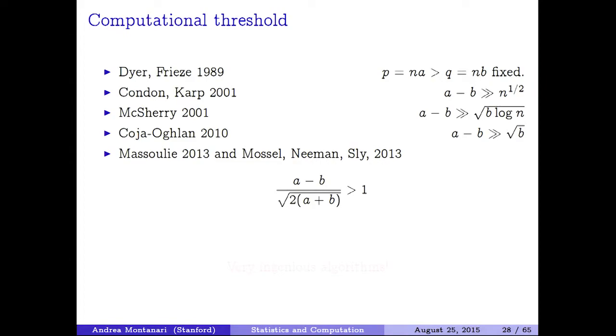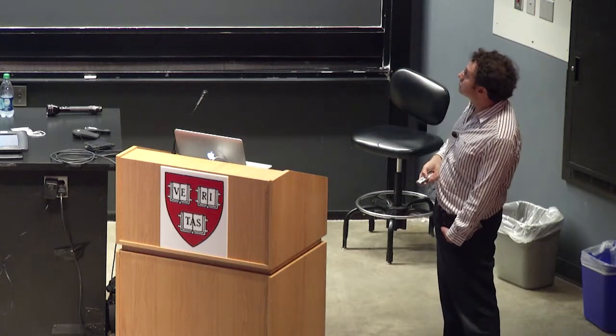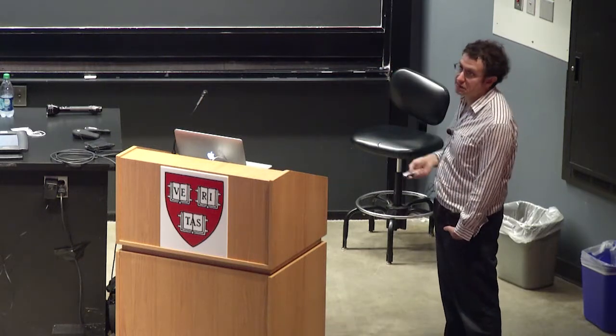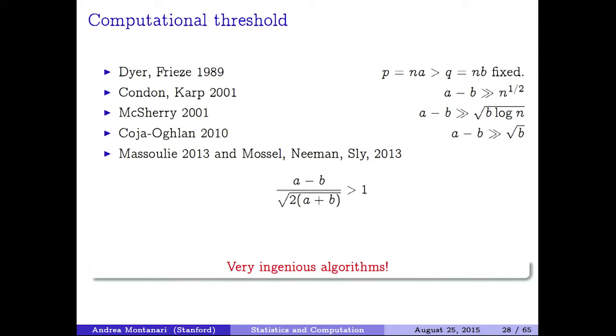But again, the question was settled by Mossel, Neeman, and Sly, and independently by Laurent Massoulié, and they proved that the necessary and sufficient condition is again the same. Right? So there is no gap between these two thresholds, the information theoretical and the computational threshold.